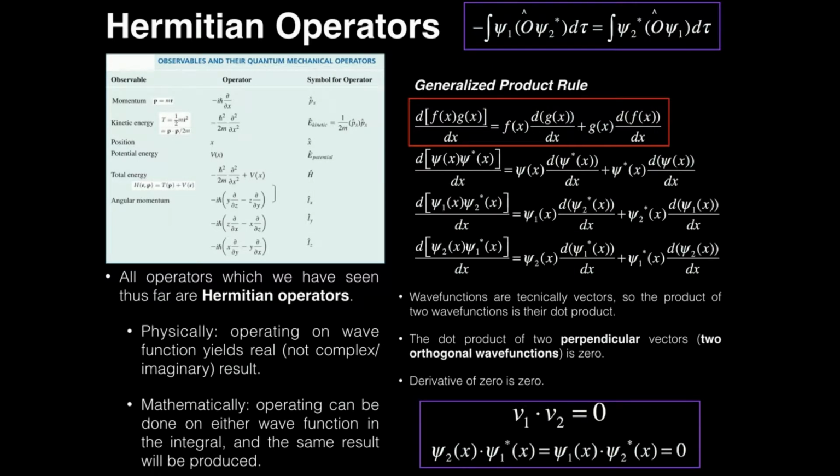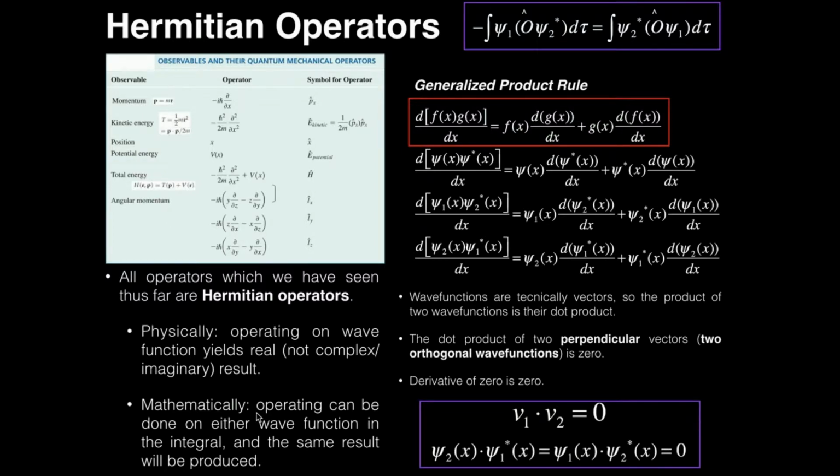Well, you have to get a real result. If you get a result that is complex, meaning it has i in it, remember i is the square root of -1, an imaginary number, it's not a Hermitian operator. So you have to get a real result.